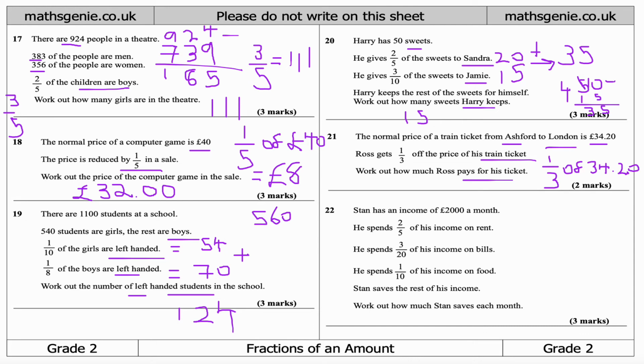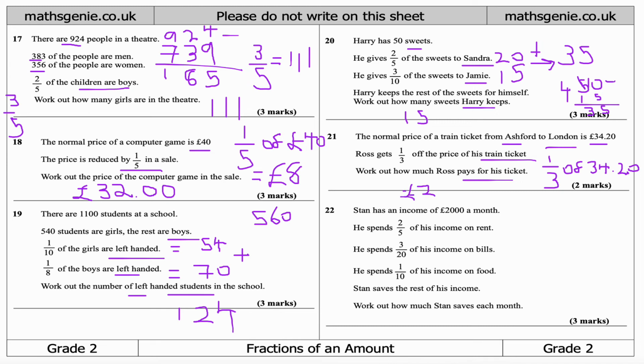So £34.20 divided by 3, that's £11.40. Take that away from that, so £11.40. So he ends up paying £22.80.